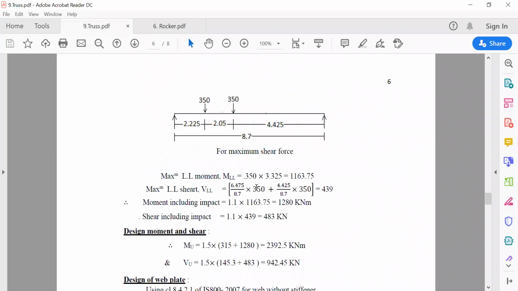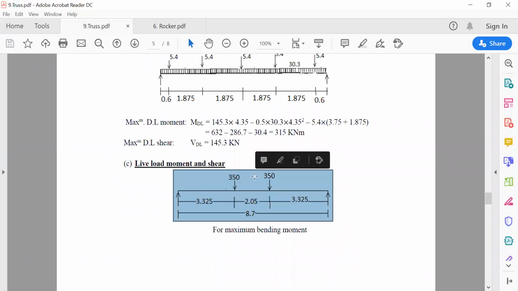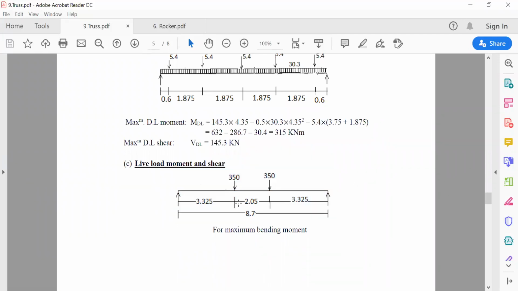You visualize it like you are in front of the tank, and these are the two tracks of the tank. The tank is moving towards you, and this 2.05 is the center to center distance between the two tracks of the tank.